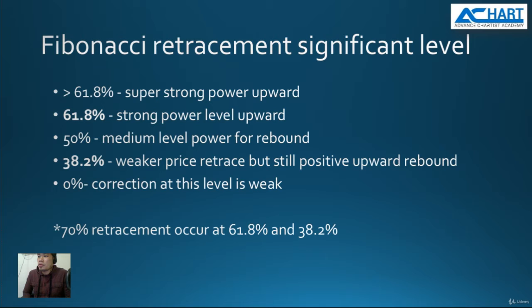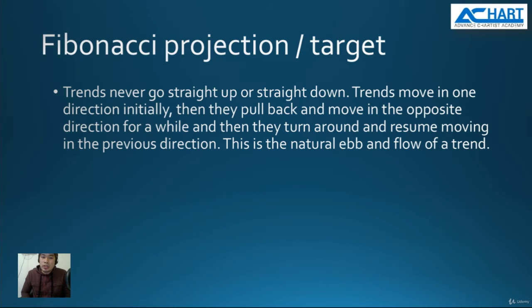Fibonacci projection and target. As far as we know, trends never go straight up or down. Trends move in one direction initially, then they pull back and move in the opposite direction for a while, and then turn around and resume moving in the previous direction. This is the natural ebb and flow of a trend.